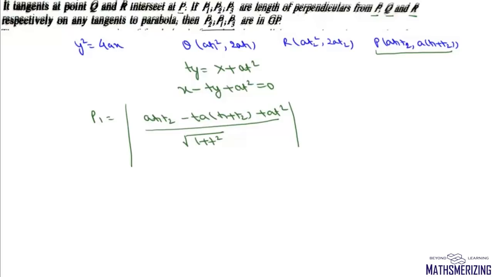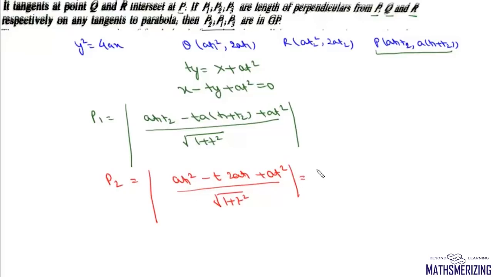Now P2 is the perpendicular from Q. So P2 simply will be, we'll put the value of x as at1 square and y as 2at1. So it will be |at1 square minus t(2at1) plus at square| upon under root of 1 plus t square.